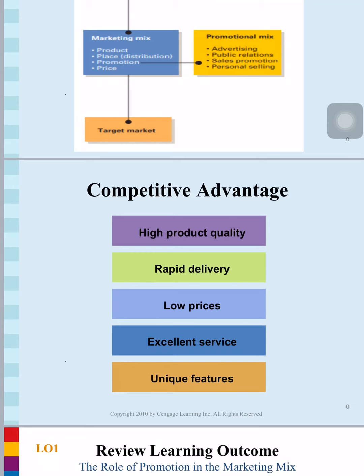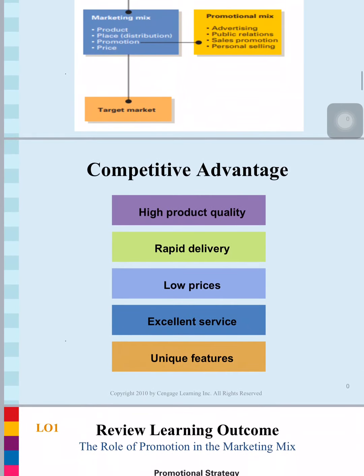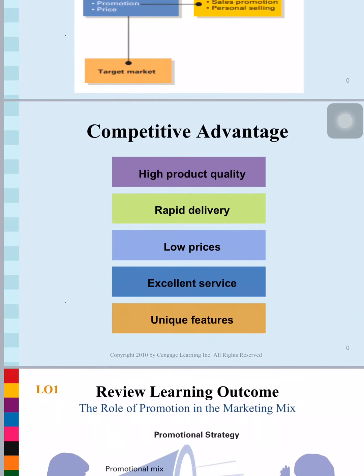So competitive advantage is the set of unique features of the company and its product that are perceived by the target market. Such features are high product quality, rapid delivery, low price, excellent service, or unique features. These are the unique features that you should have in order to achieve the competitive advantage.